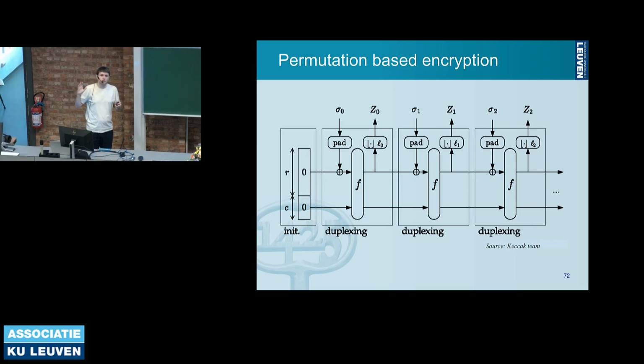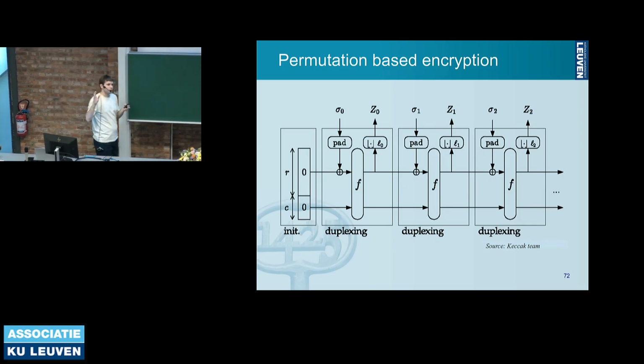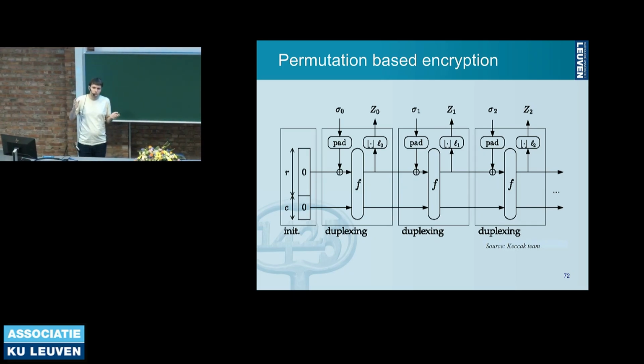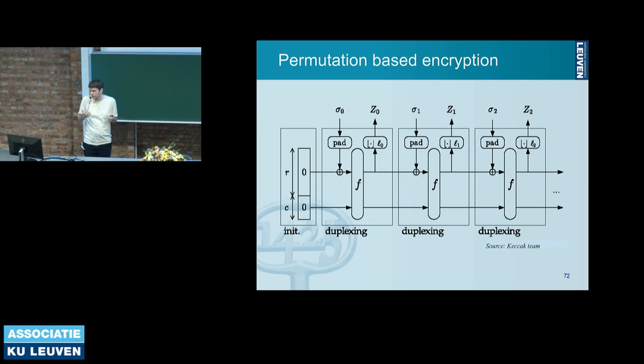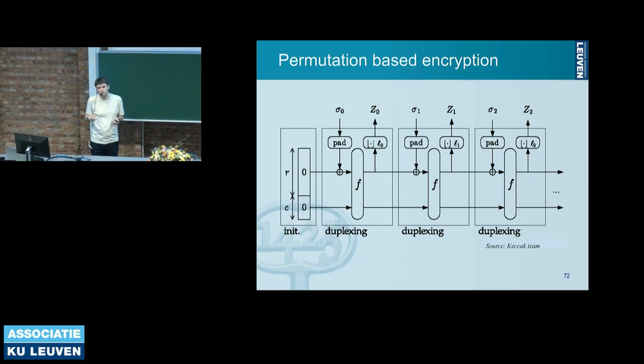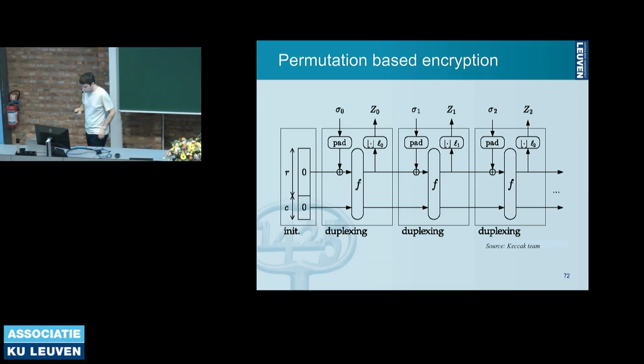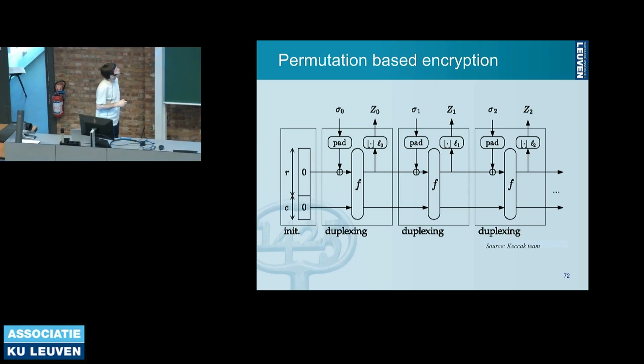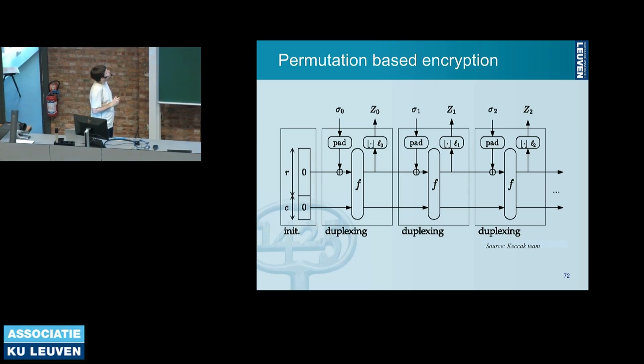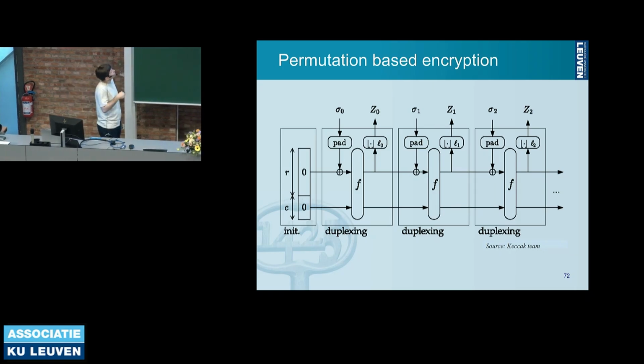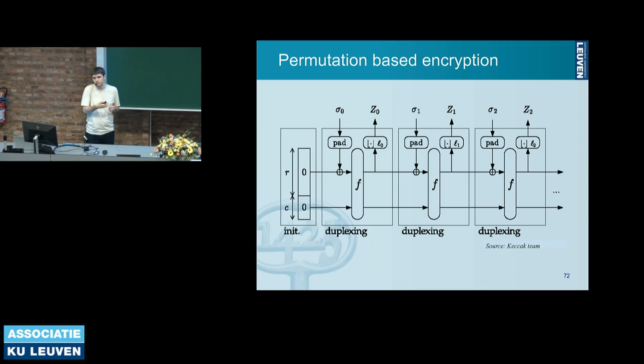You can also use permutations not just to build unkeyed modes, but also, for example, authenticated encryption. This is an example of the duplex construction. Not every detail is shown here, but you start from a constant initial state, then at some point you absorb your key into this state.